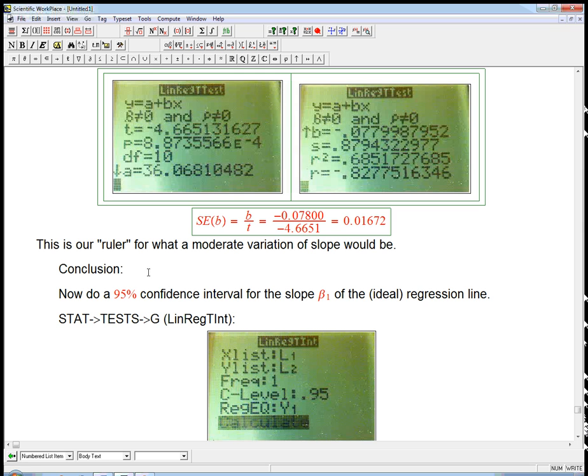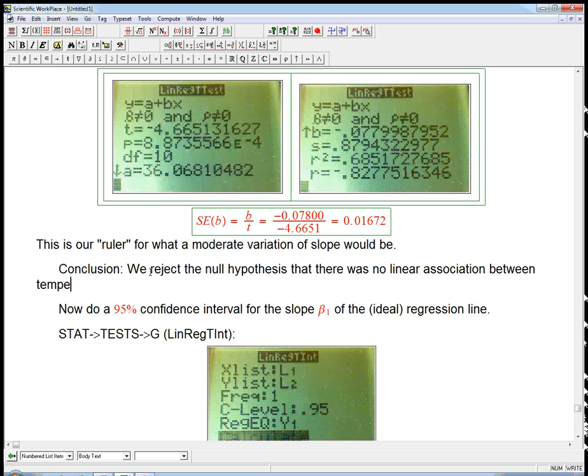Okay, so the conclusion is that we reject the null hypothesis, which was that there was no association, or let's say no linear association, between temperature and crawling age.